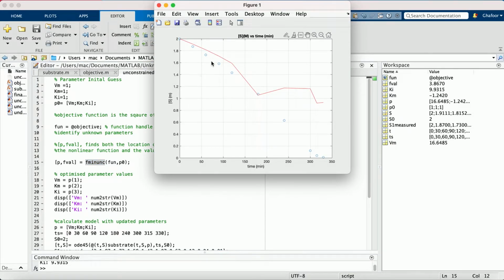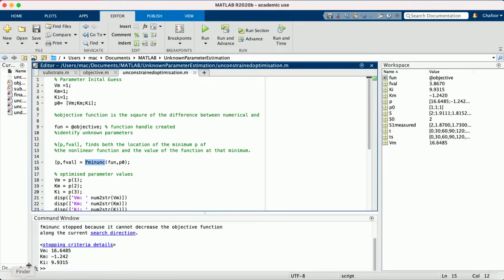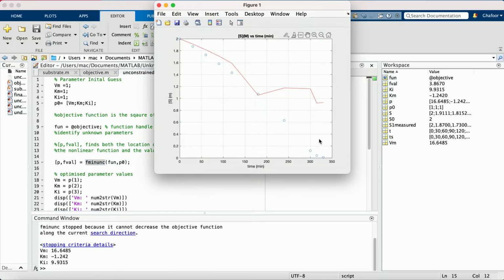Okay, so we see that the numerical model, which is the red line, does not give us a good fit of the experimental data. We also see that the parameters given to the user are not very adequate. This behavior happens because, as the function is nonlinear in nature, it has many local minima.